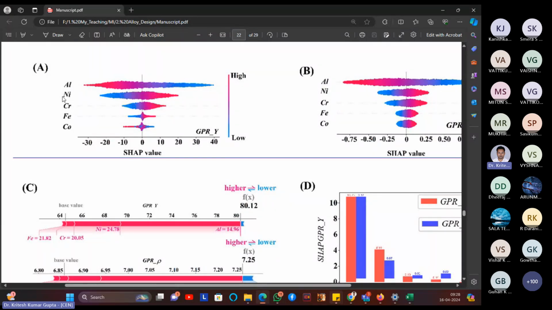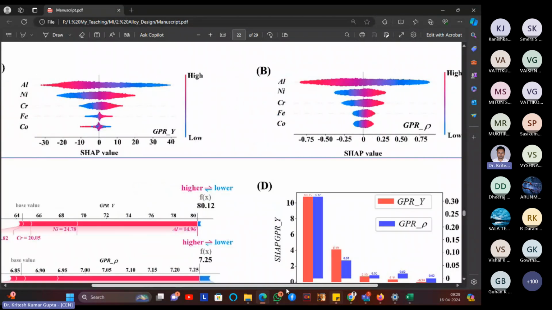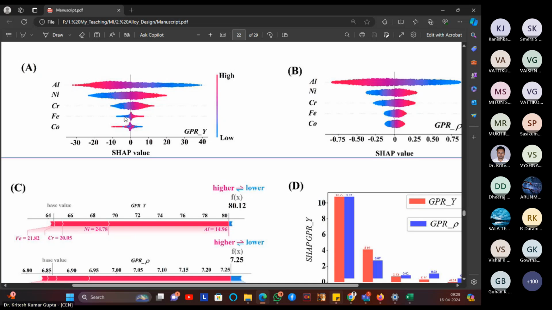A higher value of nickel concentration has a positive influence on Y, and a lower value of nickel concentration has a negative influence on Y. The same interpretation can be done for the density from these plots. Like this, you can interpret the SHAP summary plots.